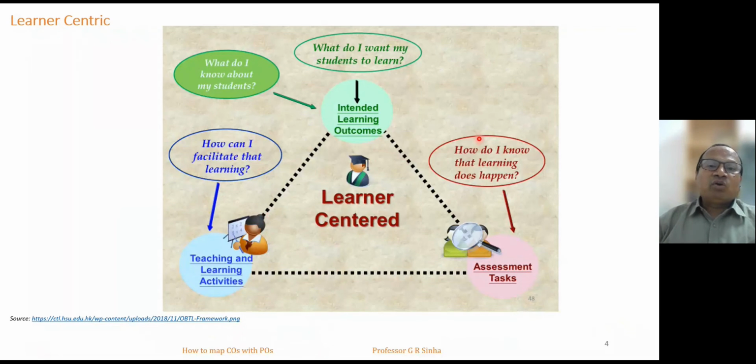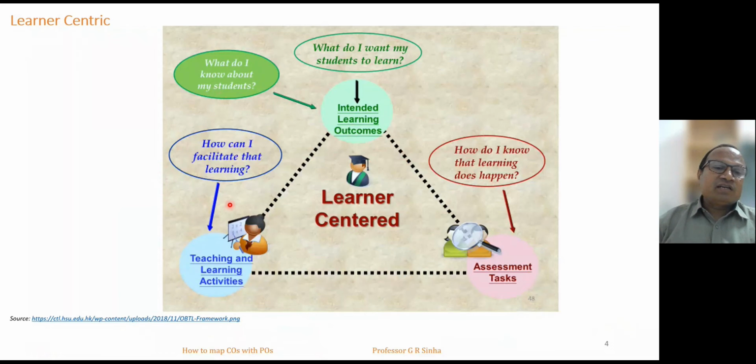So as we know, outcome based education is learner centric, where what do I want my students to learn, that is described by the learning outcomes. And what do I know about my students, that is also included in the learning outcomes while we write.